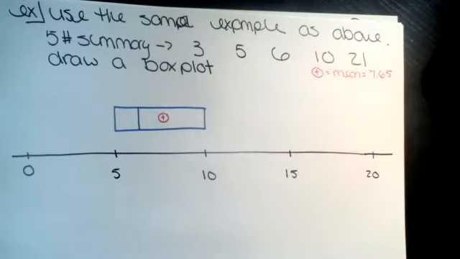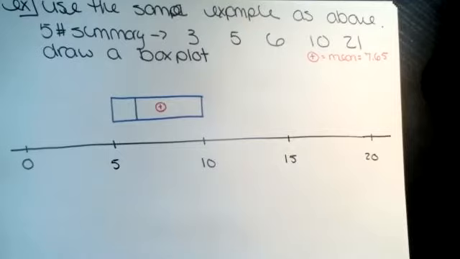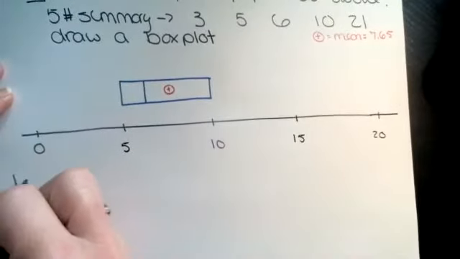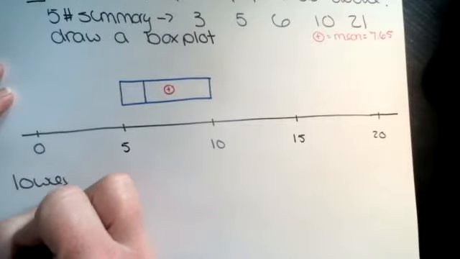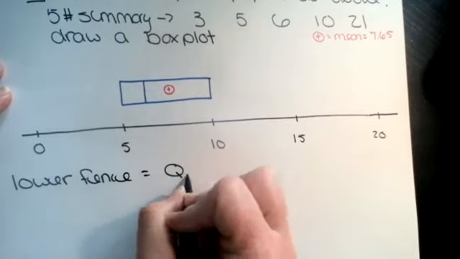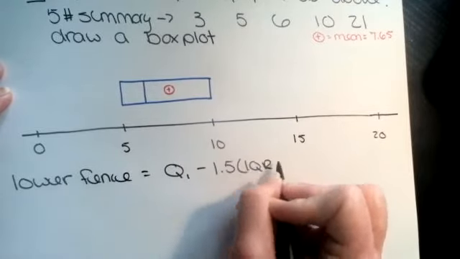Okay, so I want to draw my whiskers, right? I want to move forward, but I have to look at the outliers first. I need to know what those are. So right now I need to do some calculations for my lower and upper fences first. For my lower fence, that is quartile 1 minus 1.5 times the IQR.